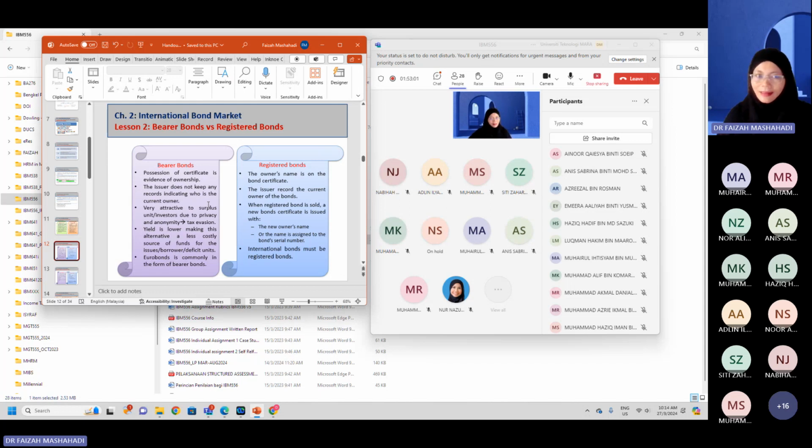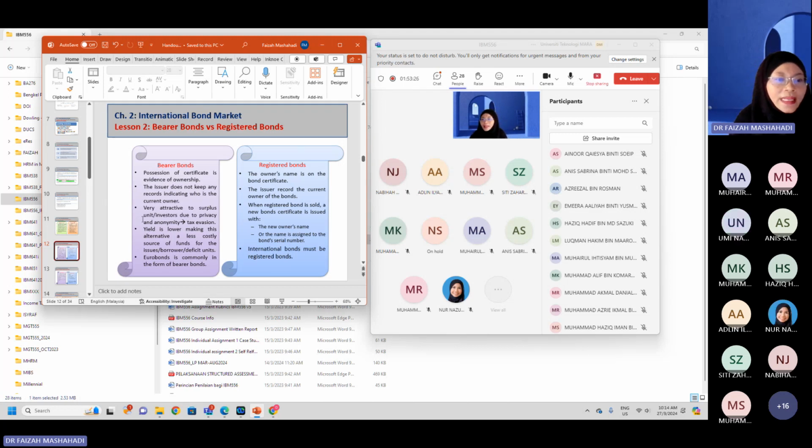Do we have a secondary market for bonds? Yes, we have secondary markets for bonds. Secondary markets are not only for tangible products, but also for intangible products, like bonds.